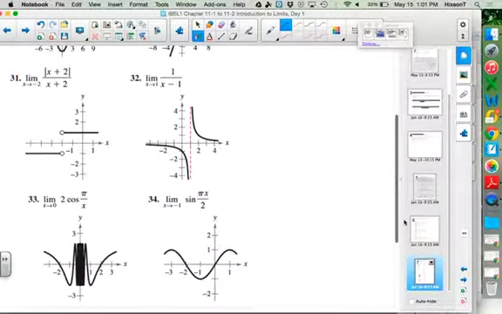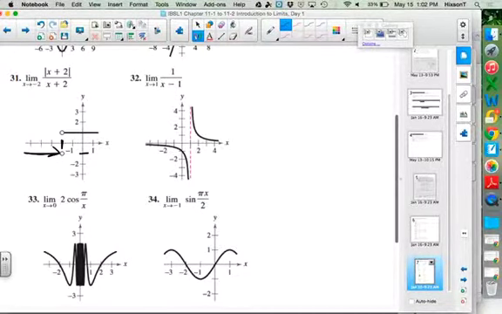Next, with 31, as we approach this value of -2, what's our left-hand limit? -1, okay.